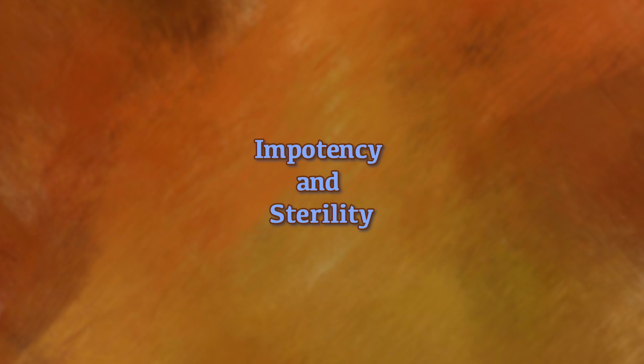My dear viewers, there is a difference between impotency and sterility. The concept of impotency under the Hindu Marriage Act 1955 is different from the vast concept of impotency under medical science, which sometimes includes sterility as well.